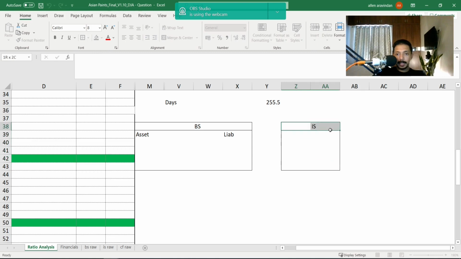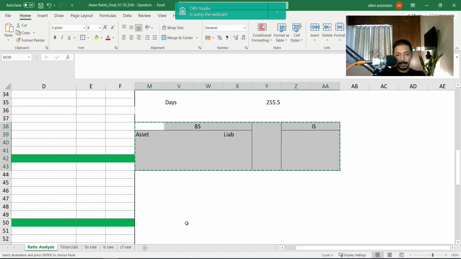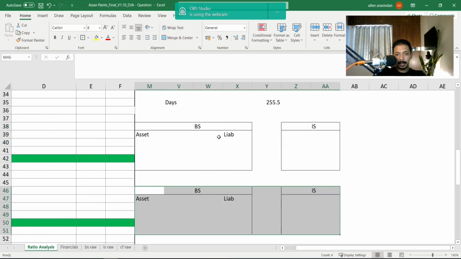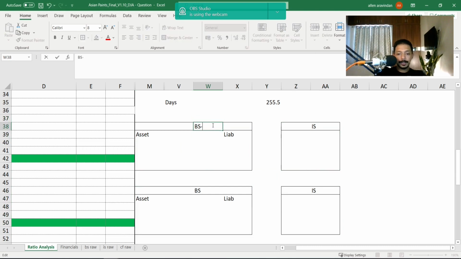Now what we are saying is we want to talk about payables, right? So let's take it from the first section. I'll make 2 years so that you understand the effect better. So this is the first year and this is the second year. And same goes for income statement 1 and income statement 2.